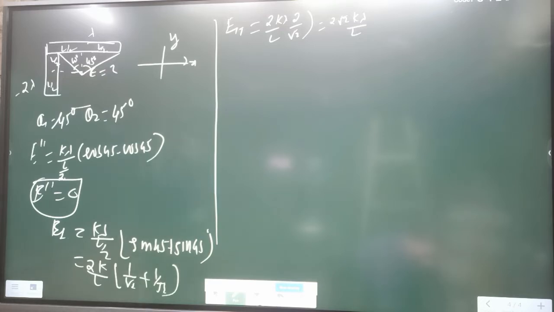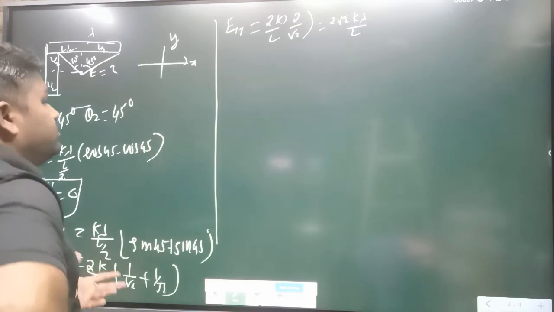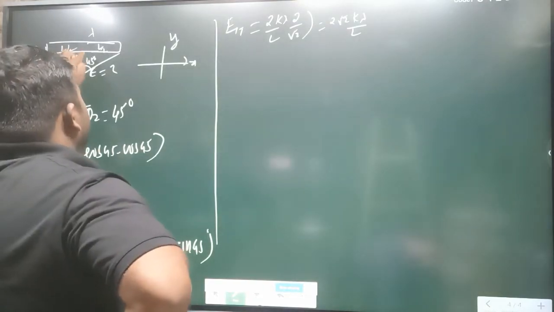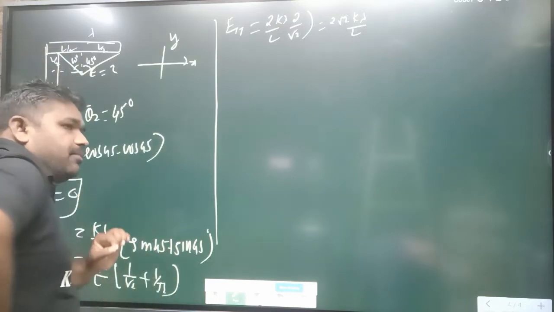Here they are given charge density lambda, positive or negative. Lambda is positive, so the charge is positive.